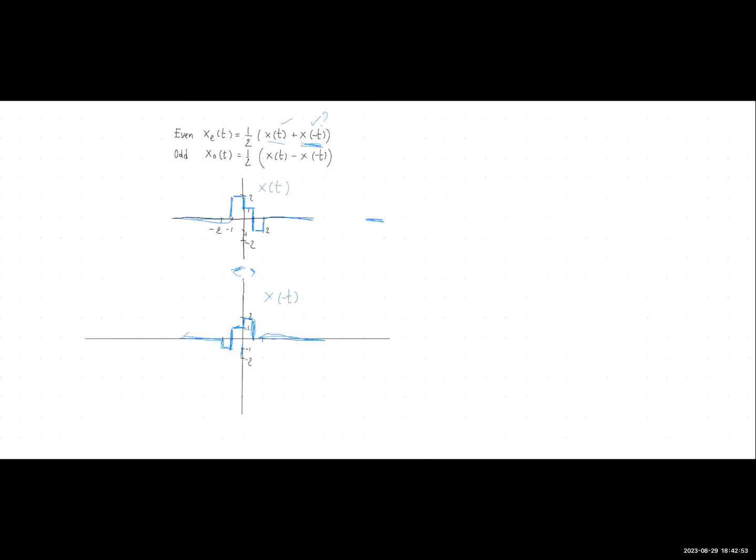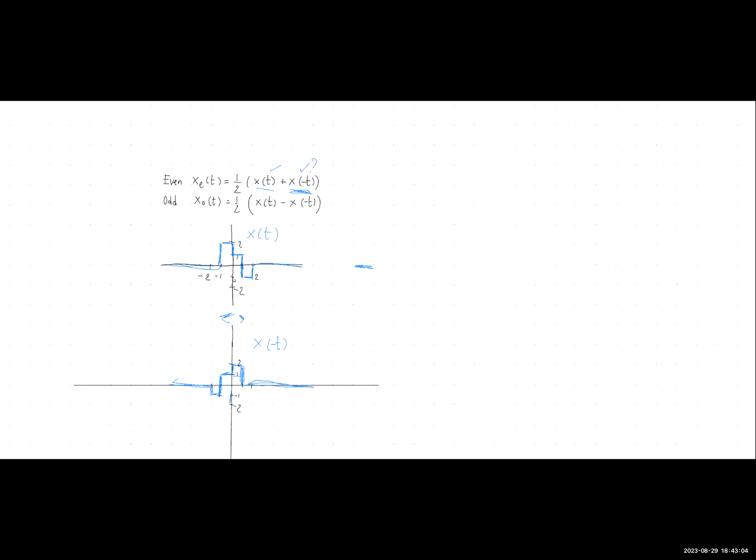The next step is to solve for, let's start with the even function. So for the even function, I want to add these two graphs together, and then I will halve their amplitude. Let's start with adding these two graphs together first.